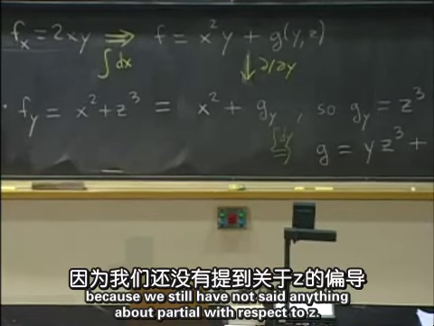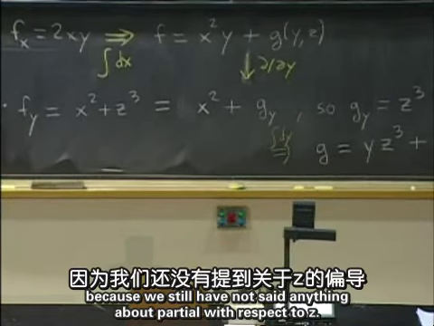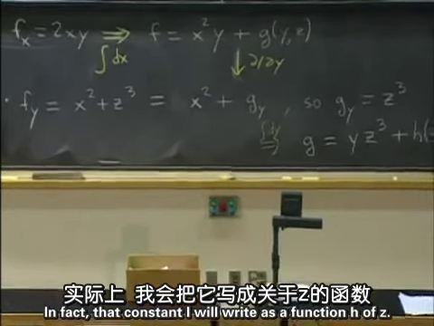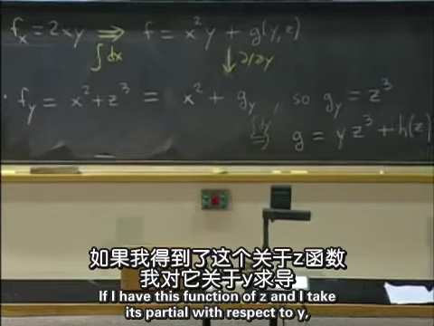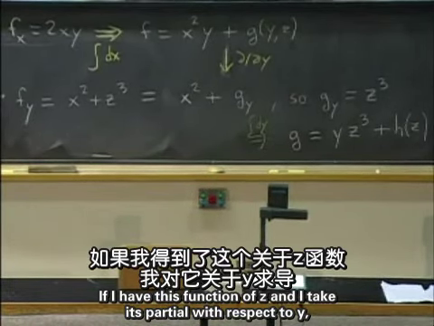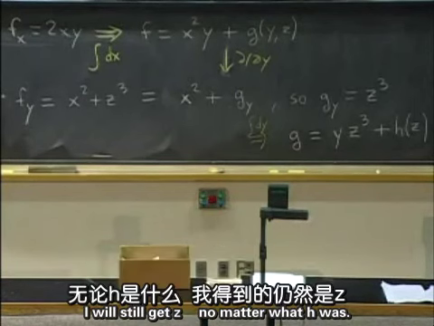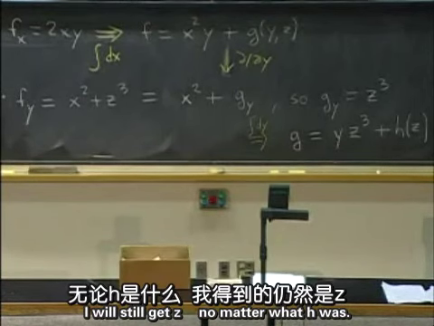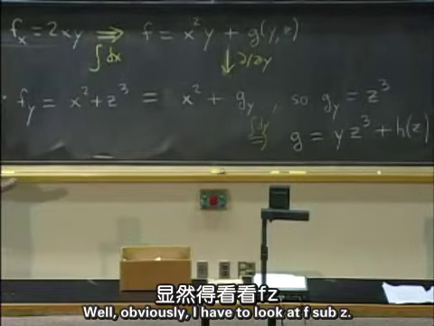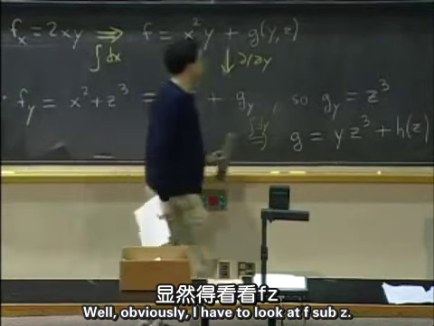Because we still haven't said anything about partial with respect to z. So in fact, that constant I will write as a function h of z. So if I have this function of z, I take its partial with respect to y, I will still get z cubed, no matter what h was. Now, how do I find h? Well, obviously I have to look at f sub z.